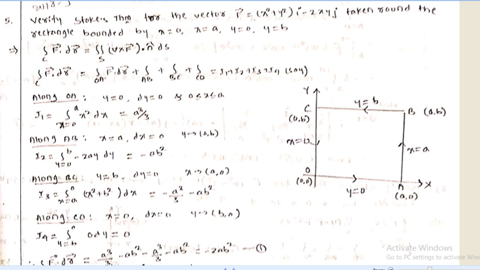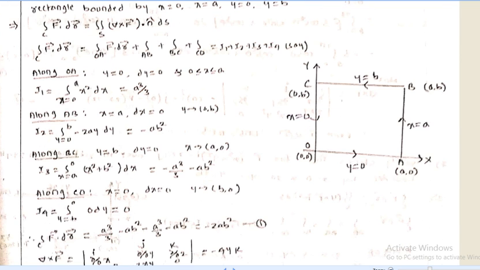After integrating we get -a³/3 - ab². Then along the curve AB, here x = a and dx = 0, so we use the function -2xy where x = a. After integrating we get -ab².